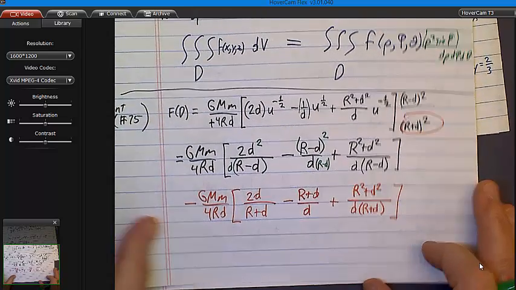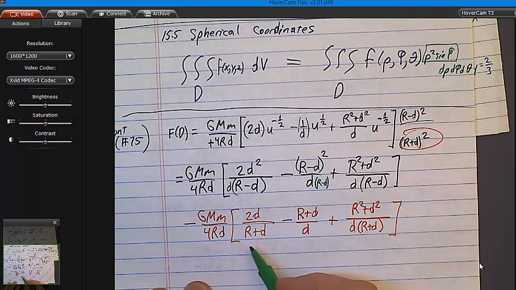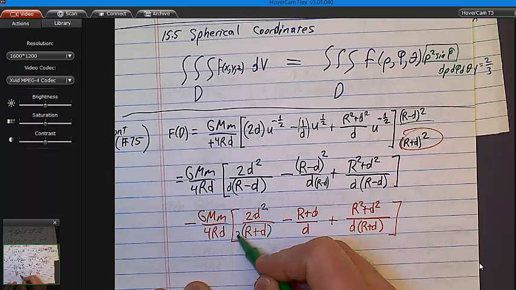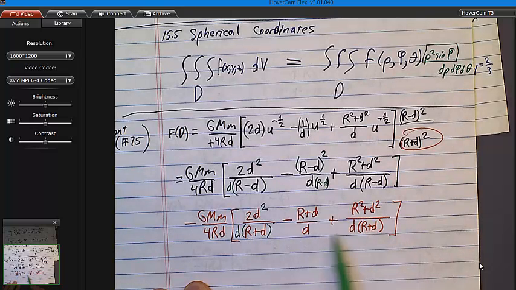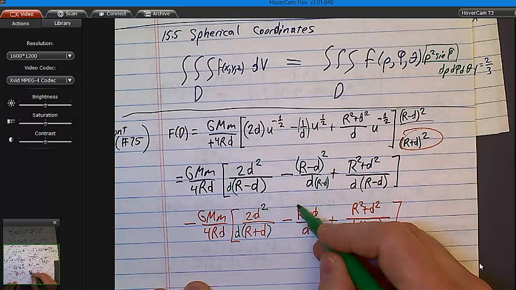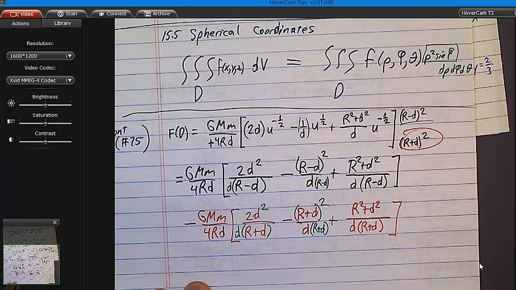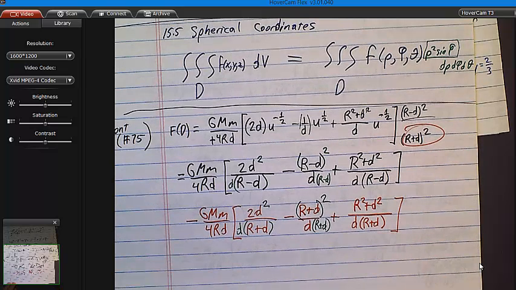All right, so what happens here? Well, we have 2d squared again. Same idea. You guys with me? How many are with me pretty much right now? That's not a bad percentage. All right. So then here, same idea, right? We're going to be multiplying by d times r plus d in the second piece, and so that's already there. So now the question is, do the good things really happen or not? Let's see.